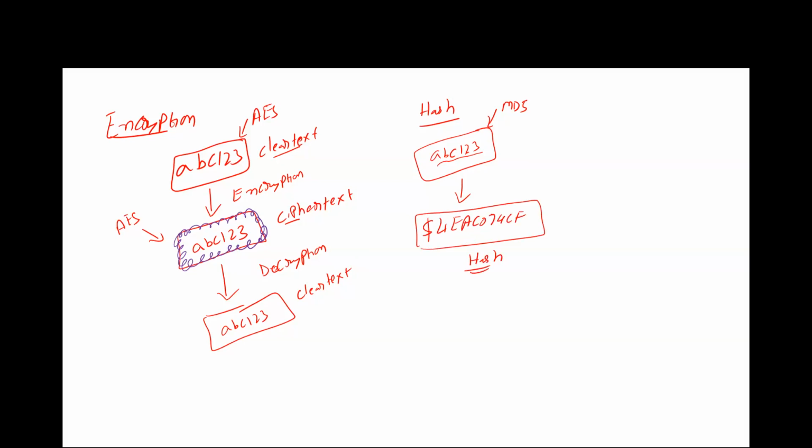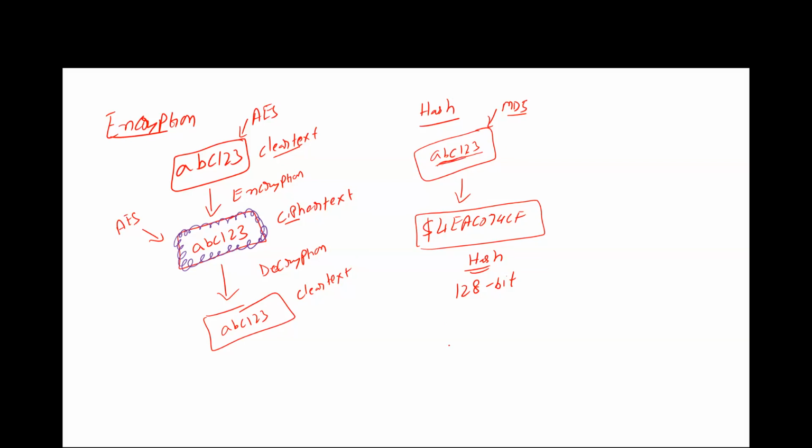The hash value will be of fixed length. If I take MD5 as an example, the hash value you get will be 128 bit, irrespective of your input.